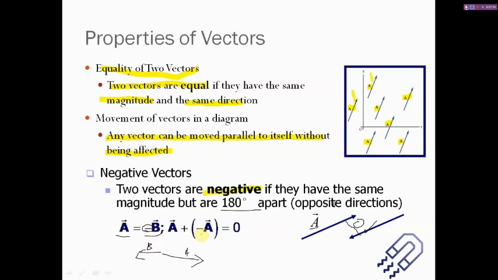What does it mean? I can consider A plus B, but you know that B is nothing but minus of A, the opposite of A. So I can put A plus minus A, which is A minus A, nothing but 0. Correct? So this is what is meant by negating the vector.